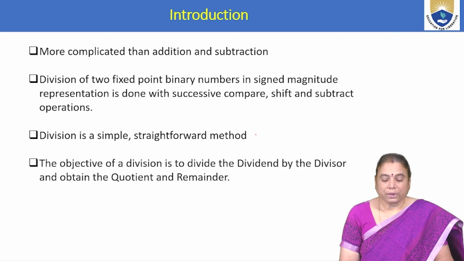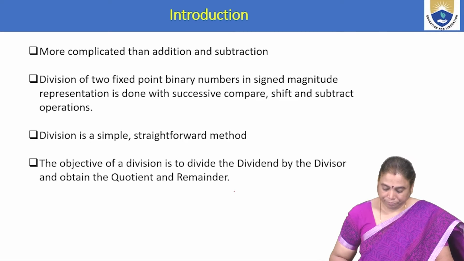The objective of the division is to divide the dividend by a divisor and to obtain the quotient and remainder.